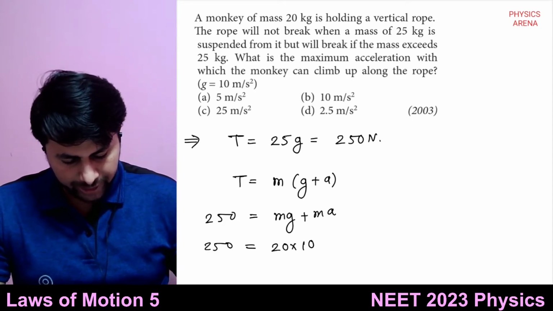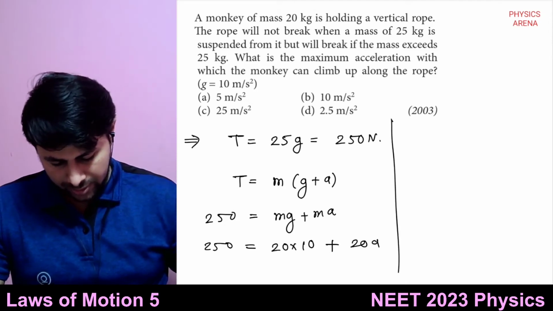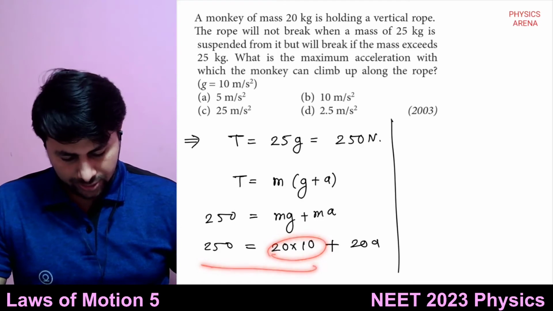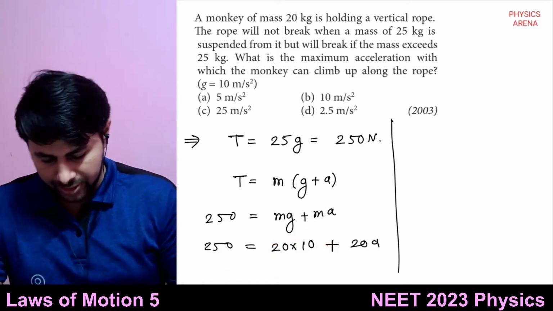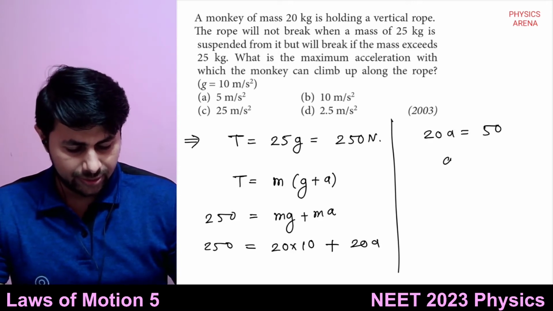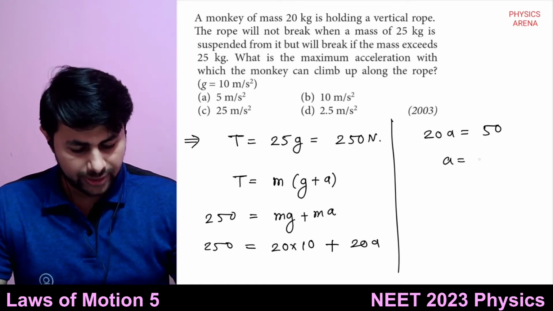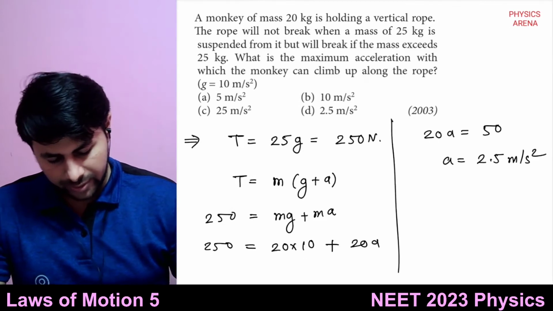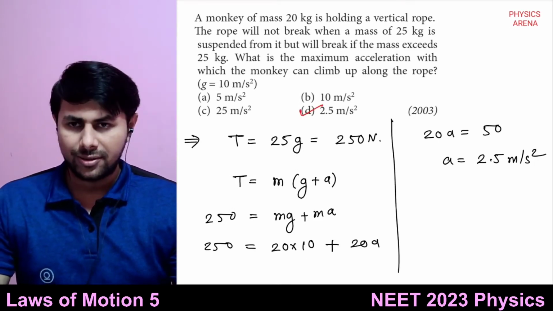So it's 250 equals 200 plus 20 times a. So take 20 times 10, 200, to the other side. So this will be 250 minus 200, 50. 50 equals 20 times a. So a is 50 divided by 20 or 5 by 2, that is 2.5 meters per second squared. Okay, so this is the answer, right?